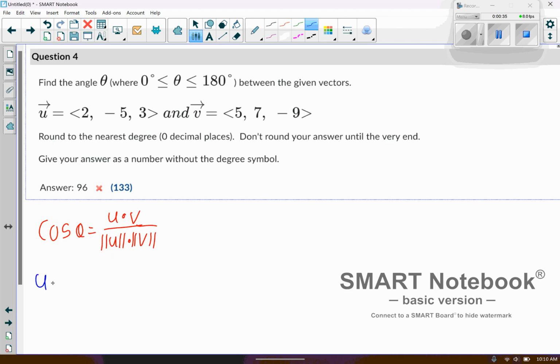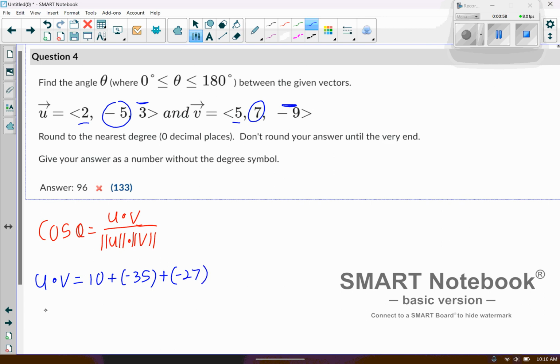All we do is multiply the first components together, which would be 10, plus the product of the second components, which would be negative 35, and then plus the last one right here, 3 times negative 9, which would be negative 27.